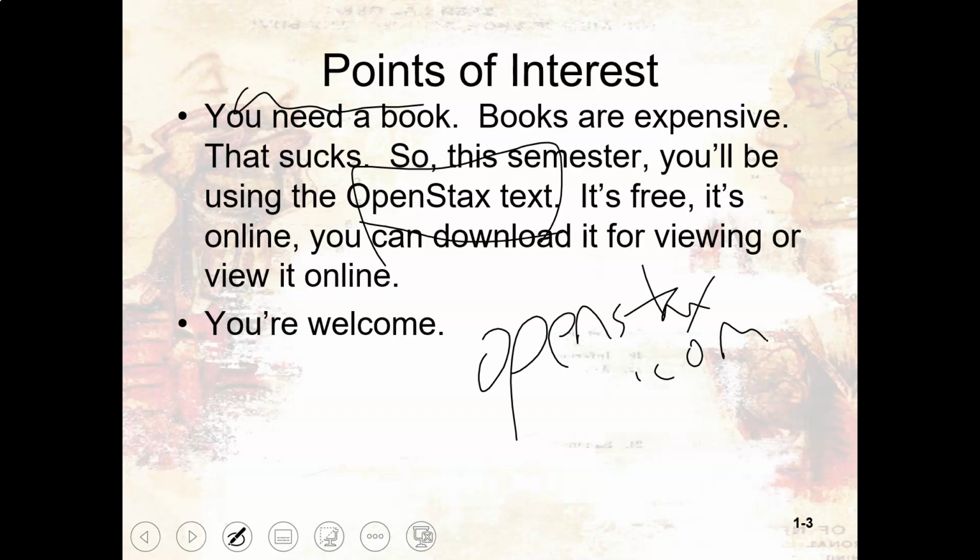And your textbook is free. If you really need a print textbook, you can buy it on Amazon for like $20. Hell, you could probably go to Kinko's, or does that still exist? Whatever. You go somewhere and have them print it off for you. I mean, if you got a laser printer at home, you can print it off, annoyingly long. You don't need to do that.